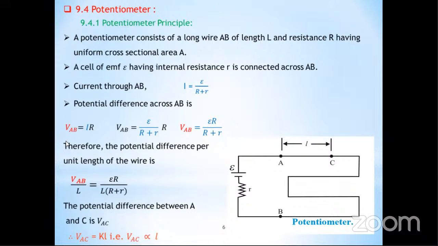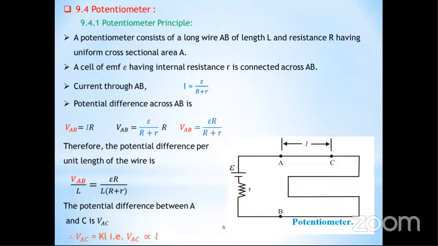Similarly VAB is directly proportional to capital L. Here this VAB as a whole remains constant. That means VAB divided by L remains constant, and this VAB divided by L is known as the potential gradient along the AB, and it is denoted by K. Therefore potential gradient can be defined as the potential difference per unit length.